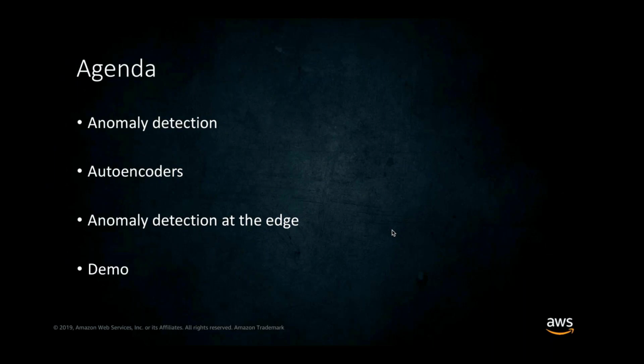In the second part, I will introduce a special type of deep neural networks called autoencoders that can be used for anomaly detection. Then in the third part, we will focus on anomaly detection at the edge. And last but not least, I will give a demo through Amazon SageMaker and AWS IoT Greengrass, and show you how you can deploy your deep learning models to the edge.